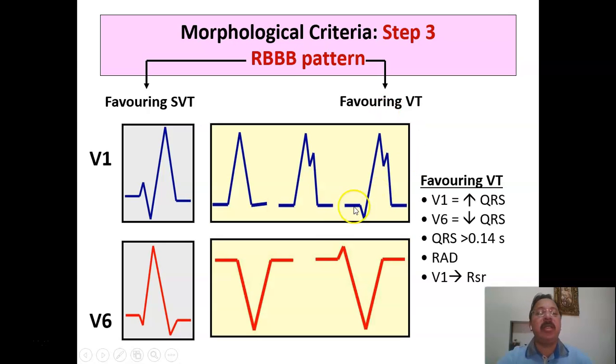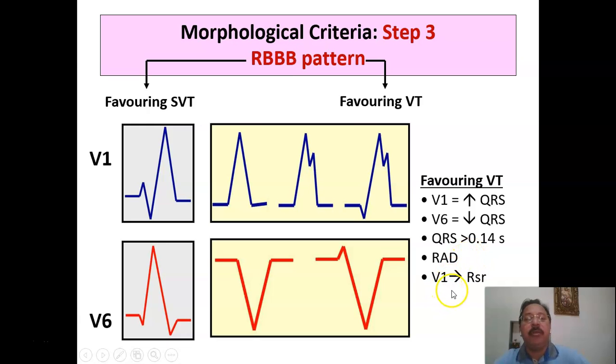But if this pattern is lost, V1 stays positive but V6 becomes negative, then such a wide complex tachycardia probably has a ventricular source. You will get positive QRS complexes in V1 and negative QRS complexes in V6. The QRS complexes become wide, like 4 to 5 small boxes. There may be associated right axis deviation.